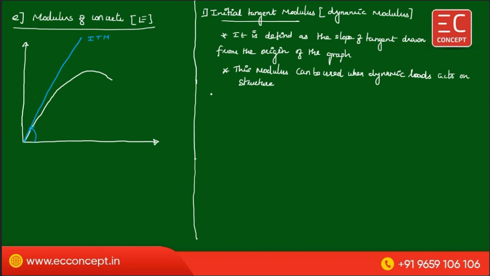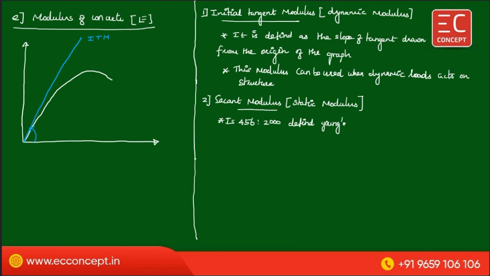That's the first one. The second one is the secant modulus, or in brackets we can write static modulus. IS 456 2000 defined Young's modulus.